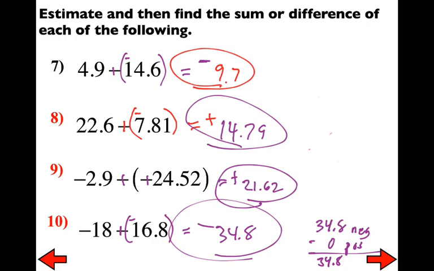So that is a review of a lot of things there. Plotting ordered pairs, writing down ordered pairs from 6th grade, integer and decimal review of adding and subtracting integers and decimals. And multiplying and dividing is all easy because the only thing you need to really determine is the sign.